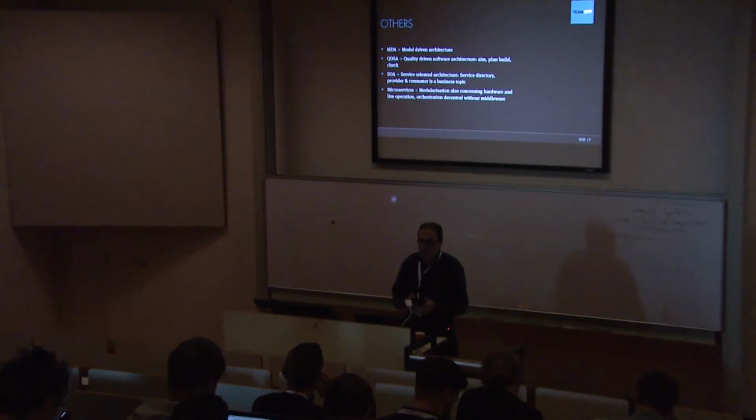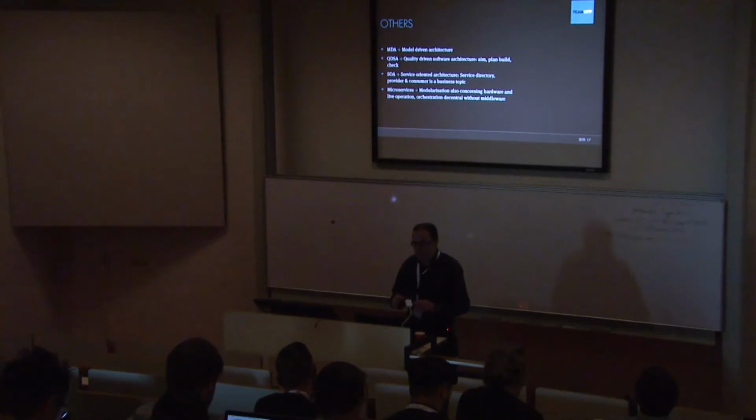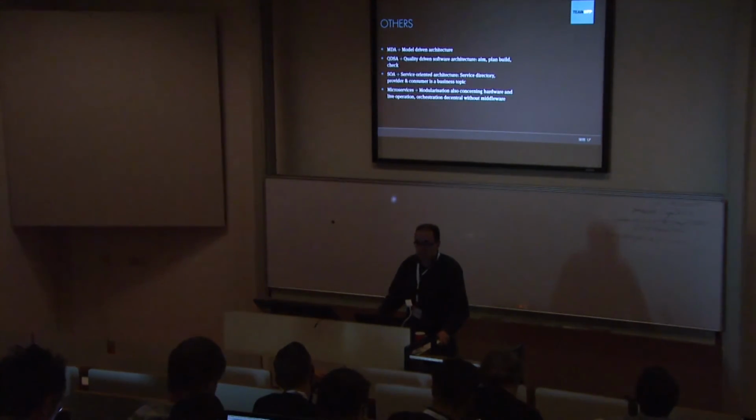It's like in the cloud, you find your hardware and it deploys itself, and it does not have the central service directory where all the services are listed. So the orchestration is very decentral and without middleware. This is the main difference between SOA and microservices.